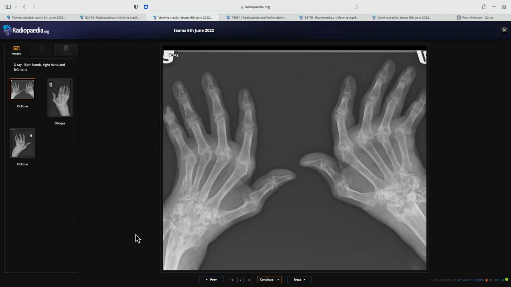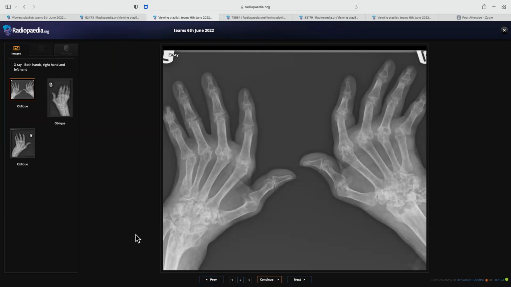And you said bony proliferation. Yes. Please continue. Erosions, bony erosions, and pencil in cup deformity. I'm suspecting that. Where is the pencil in cup deformity? Can you show me? Actually, I can't see your cursor.